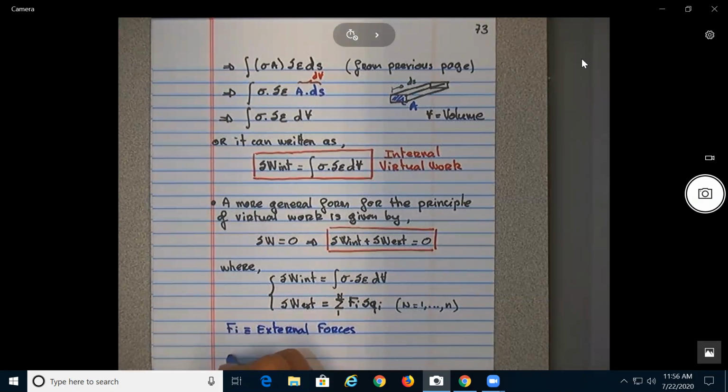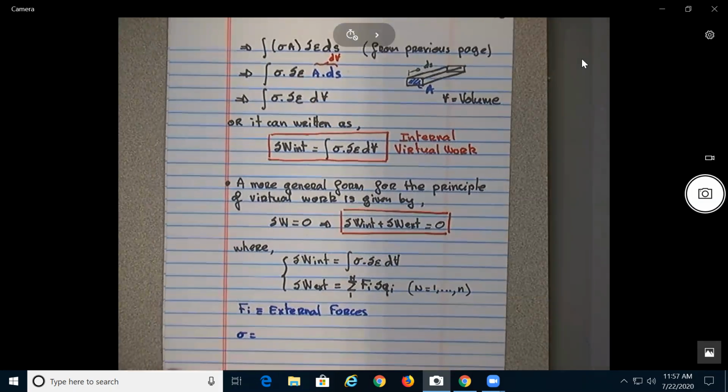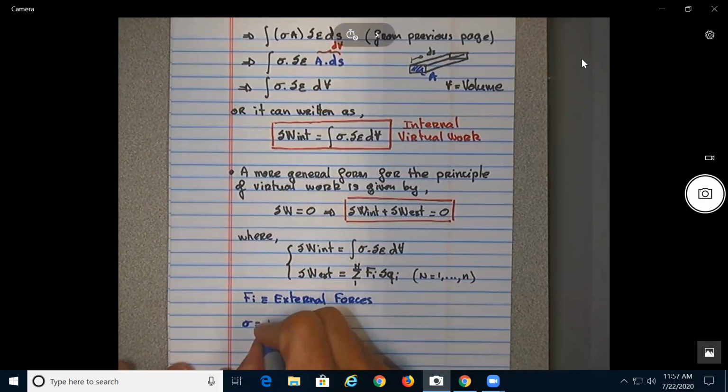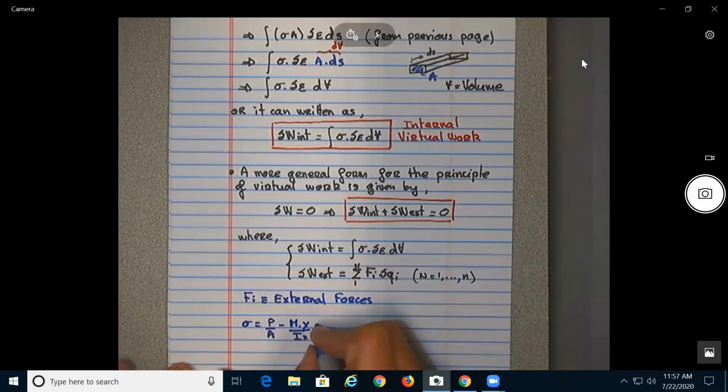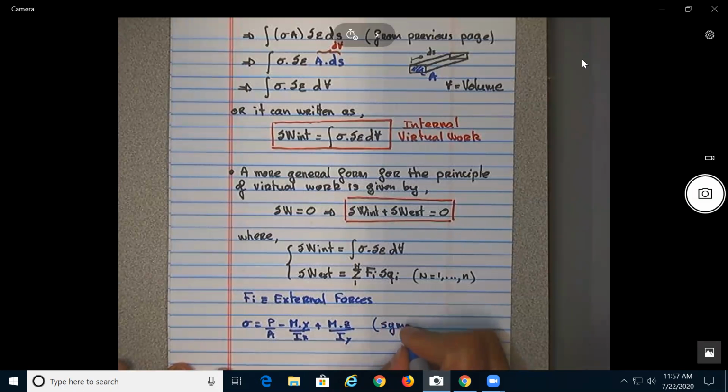The stress, this one will depend on the type of loading on the structure. But if I give the general expression, you can have axial load, and you can have bending. Okay, and this is a simplification for a symmetric cross section, okay?